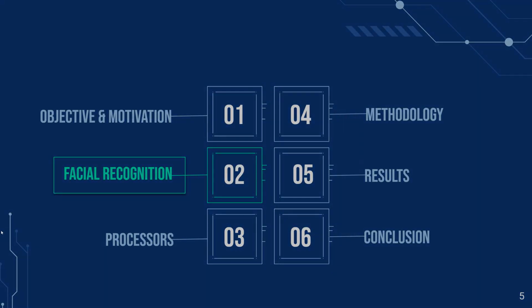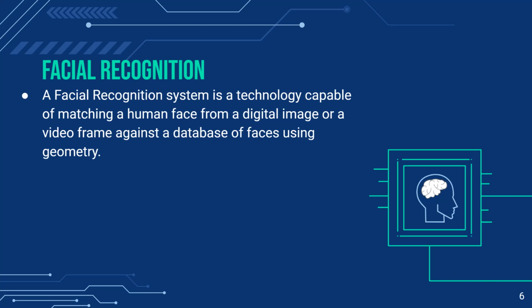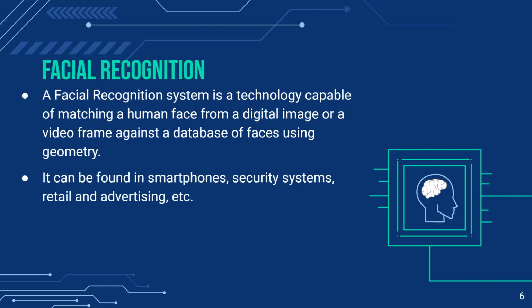So a little bit about facial recognition. It's a technology that's capable of matching human faces from a database, and this database could be either image or video based. It does this by using geometry. An example might be measuring the length between the eyes or even the length of a nose. This technology is found in smartphones, security systems, retail and advertising.